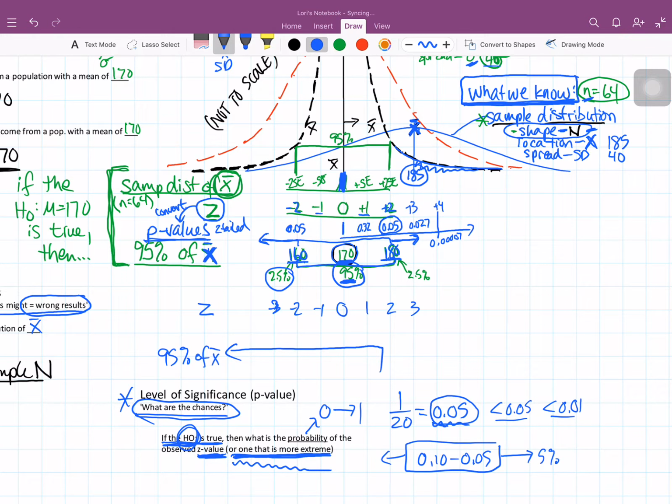And so what that does is it shifts the 95% cutoff over here to the left. And so we end up with a z-value of 1.64 being the corollary. Remember how we convert the z-values to p-values? A z-value of 1.64 equals a p-value of 0.05. And so that's going to be down here, more around 178, would be our cutoff in order to have a 95% that includes this left tail.